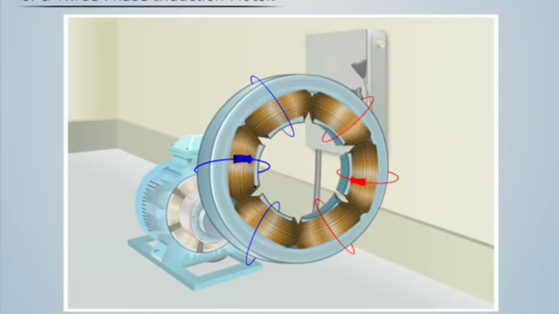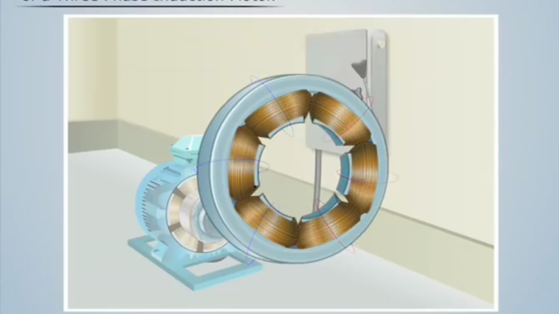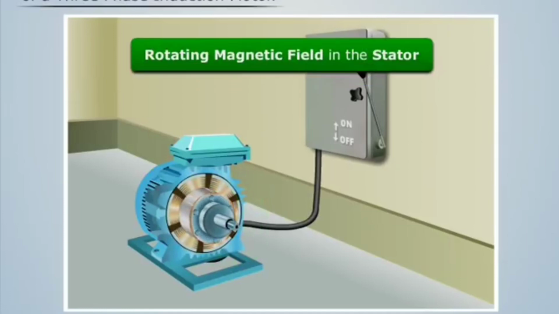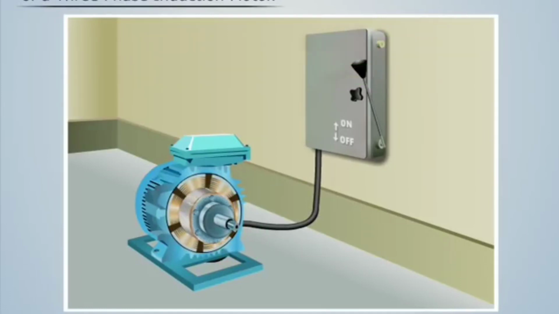The resultant of these fluxes is called the net flux. We see that its magnitude remains constant, but its position keeps on changing with time in a circular manner. Hence, the net flux develops a rotating magnetic field in the stator, which causes relative motion between the net flux and the rotor.